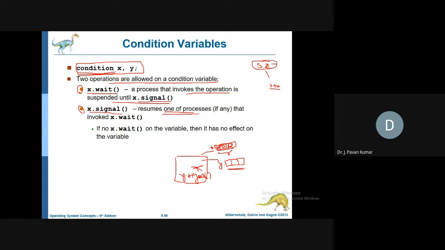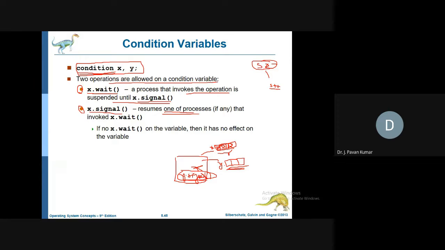On x we have some processes in the suspended queue, but although y dot signal is given, no process is waiting on this condition, so nothing will happen. This signal call will be ignored.